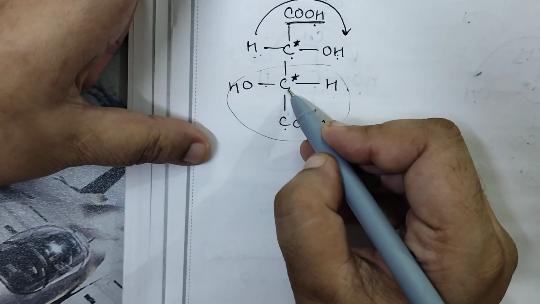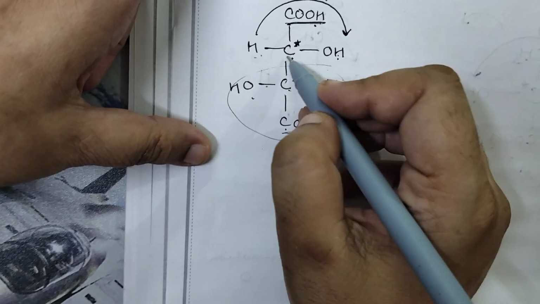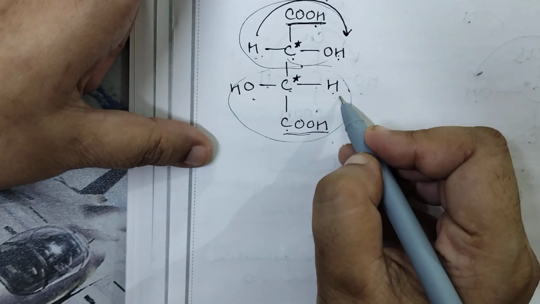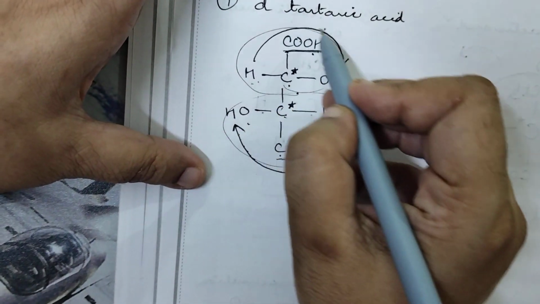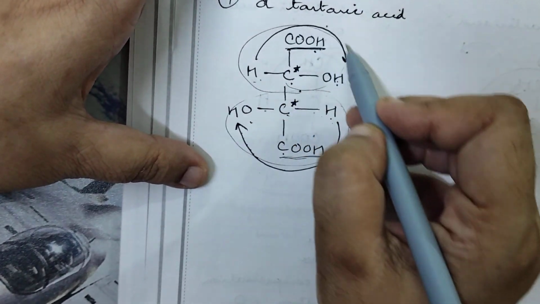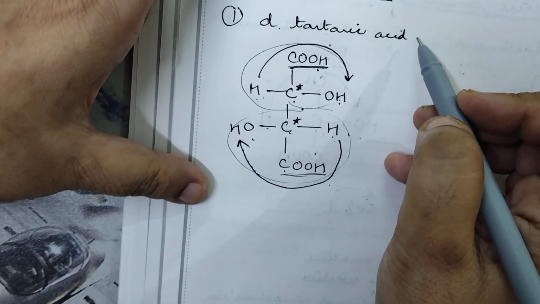And for this carbon, hydrogen to hydroxyl, now this one has smaller mass, this whole group is bigger, so you will make the arrow from hydrogen to hydroxyl like this. That is, this is rotating the plane towards right hand side, therefore it is dextrorotatory.